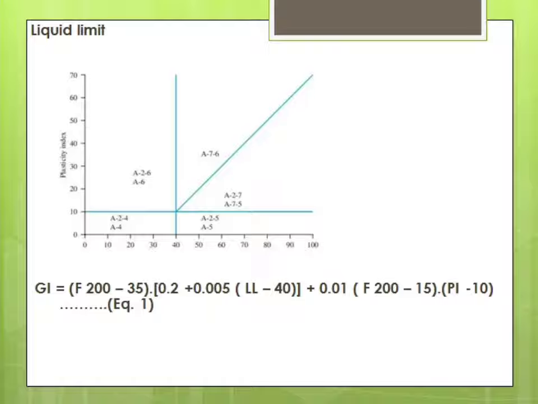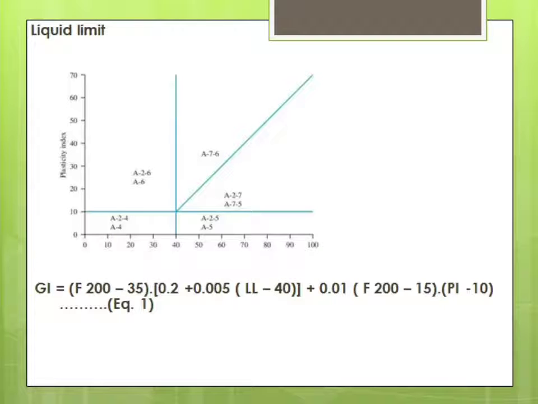And for the group index, we have here equation 1, wherein F200 is equal to the percentage passing through the number 200 sieve. The double L stands for liquid limit, PI, plasticity index.